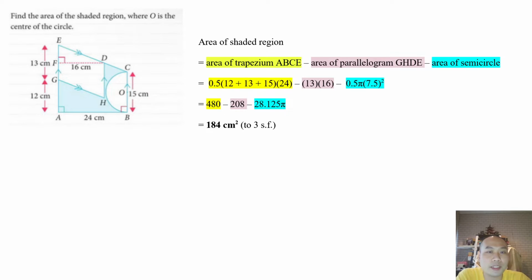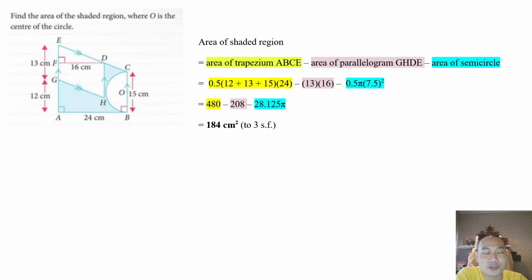So this is what's happening. The area of the shaded region is the area of the trapezium ABCE, minus the area of the parallelogram GHDE, minus the area of the semicircle. Although the diagram can look quite frightening initially, with all the parts and so many vertices, if we break it down part by part, it's not that overwhelming.